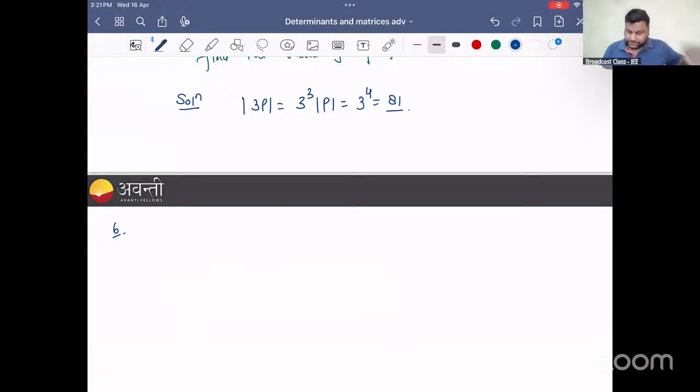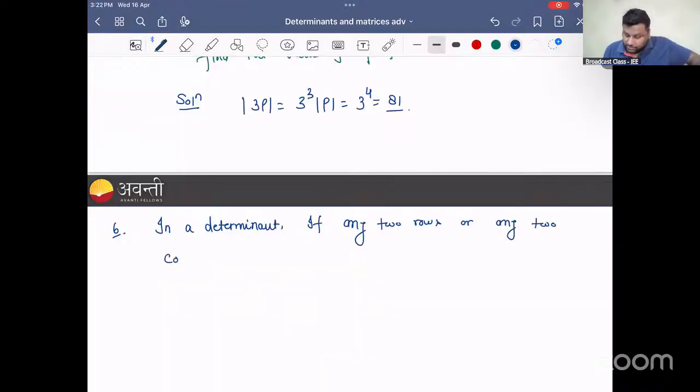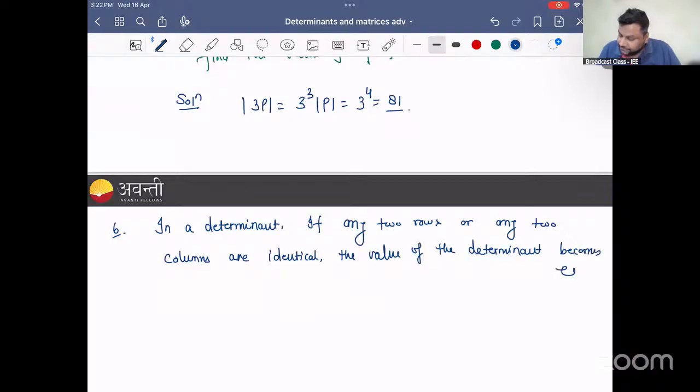Now property number 6. In a determinant, if any two rows or any two columns are identical, the value of the determinant becomes 0.